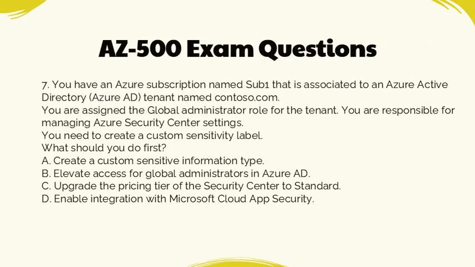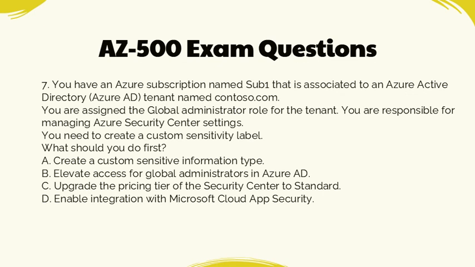7. You have an Azure subscription named Sub1 that is associated to an Azure Active Directory, Azure AD, tenant named contoso.com. You are assigned the Global Administrator role for the tenant. You are responsible for managing Azure Security Center settings. You need to create a custom sensitivity label.